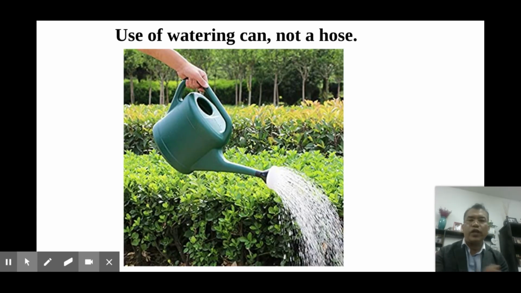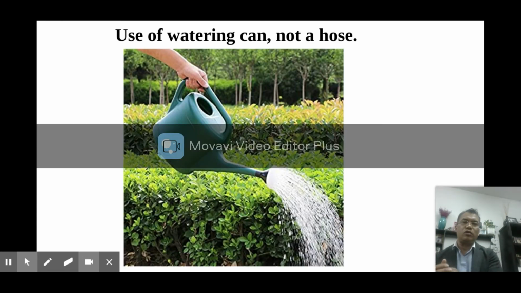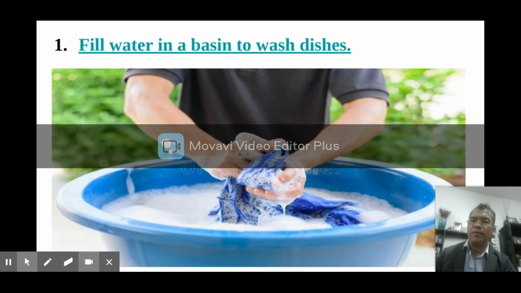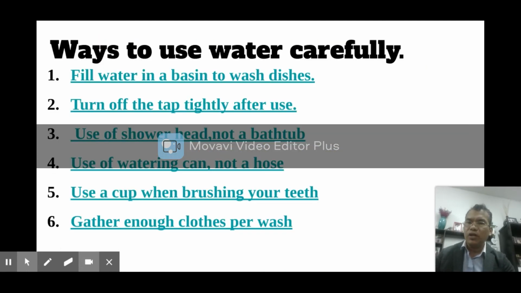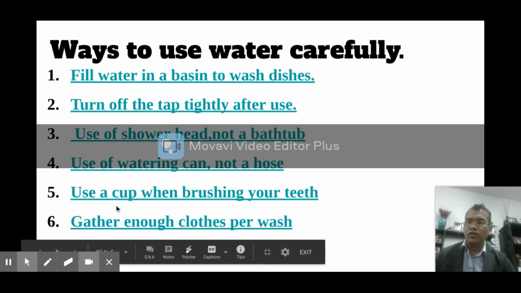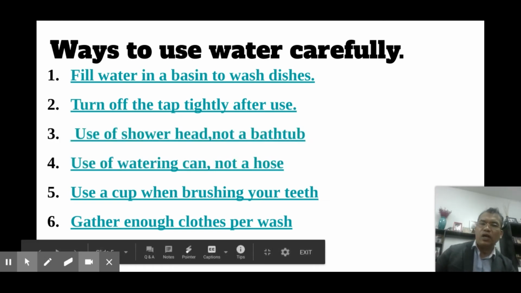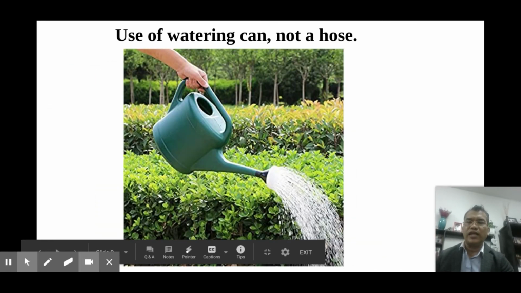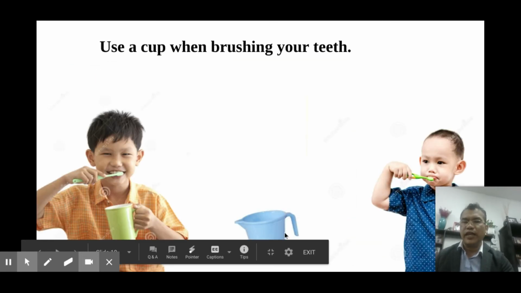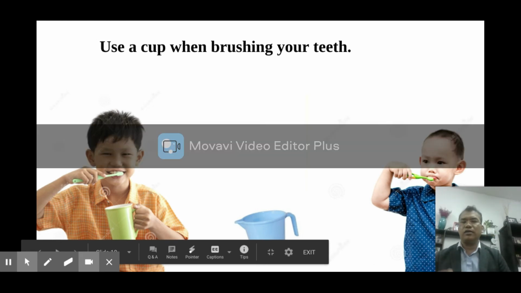Instead of spraying with a pipe, which uses lots of water, just use this watering can, all right? The 5th one, use a cup when brushing your teeth. It means don't just let the water flow freely. You put the water in a mug or cup and then keep brushing, right?